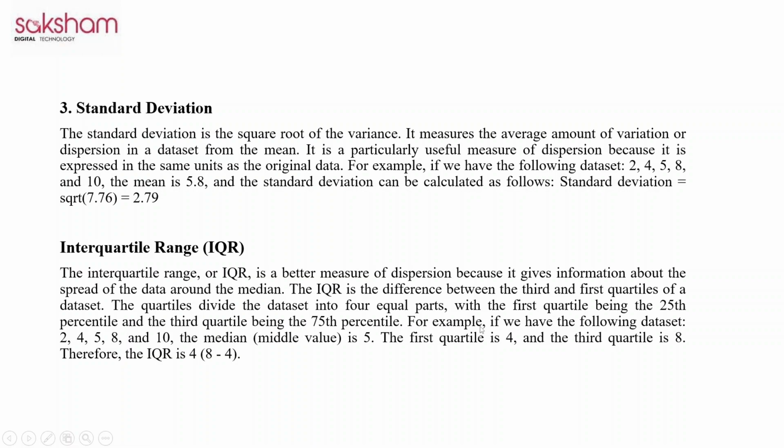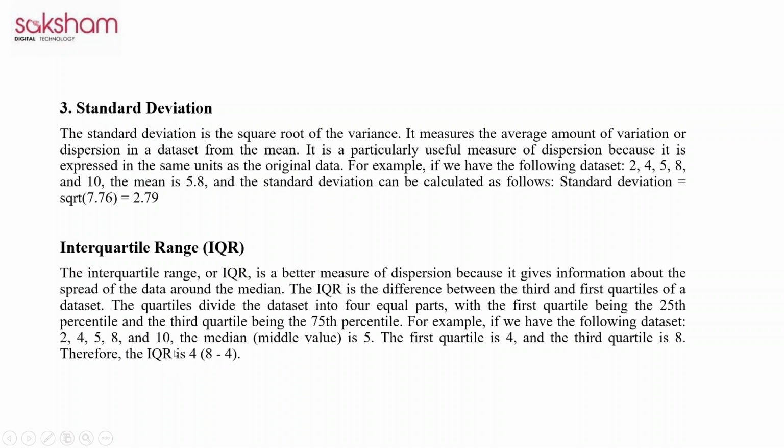For example, if we have the following dataset 2, 4, 5, 8, and 10, the median value is 5. So you can see we have 5 as the median, and the first quartile is 4 because 25% of the data exists up to this value, and 75% of the data exists up to 8, so the third quartile is 8.